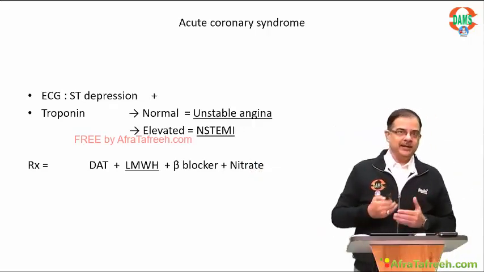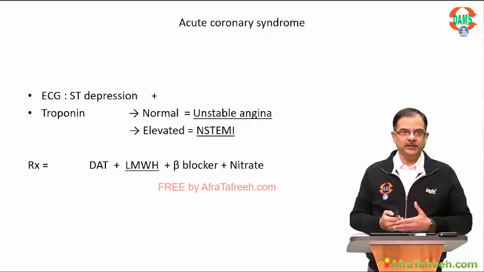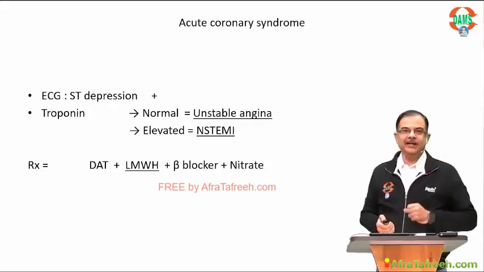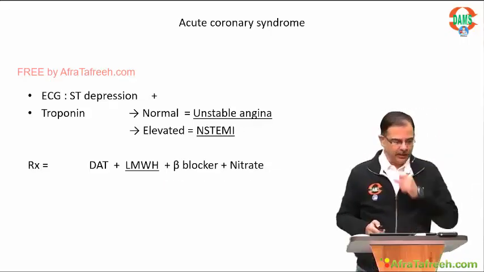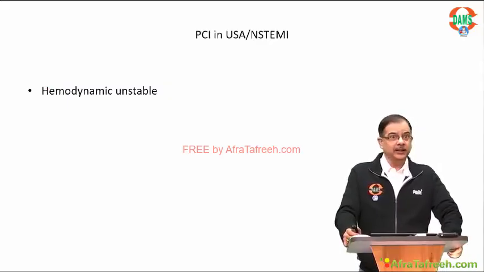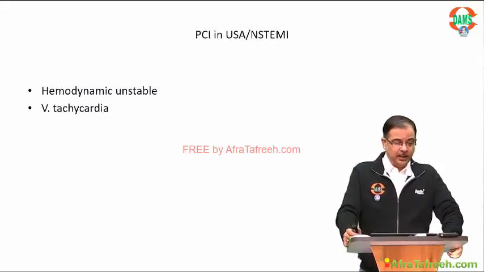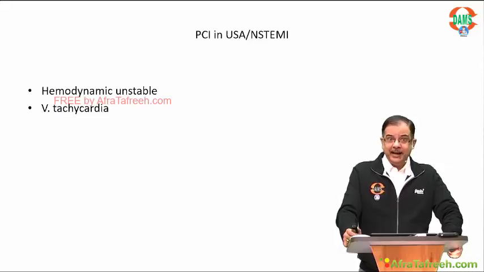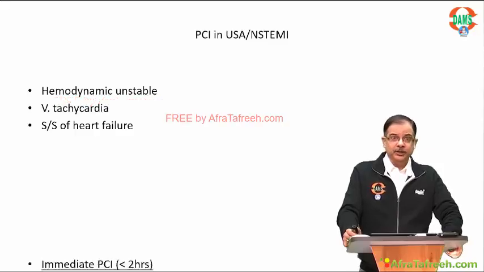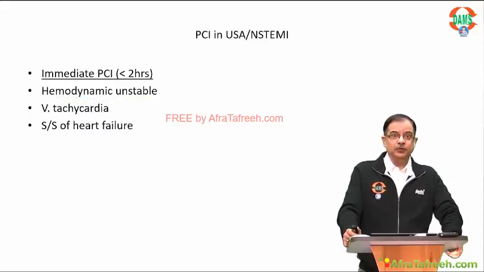Now, what are the indications of angioplasty or PCI procedure? What is DAT? DAT is double antiplatelet therapy. Now, PCI in unstable angina and non-ST elevation MI: if the patient is hemodynamically unstable, has ventricular tachycardia, or has signs and symptoms of heart failure, any one of them, the patient should undergo PCI within 2 hours.